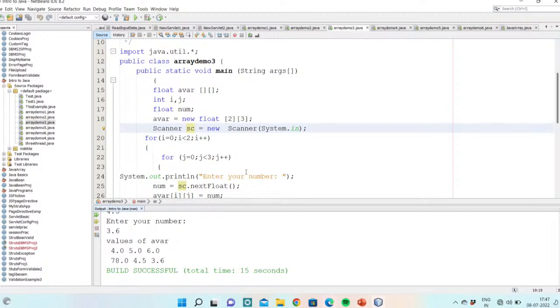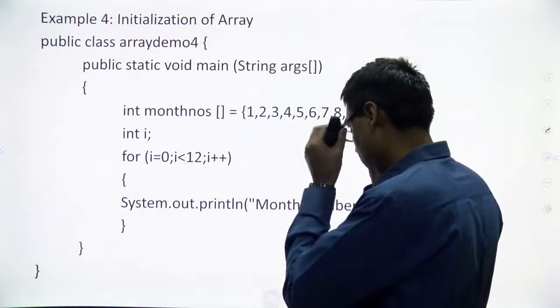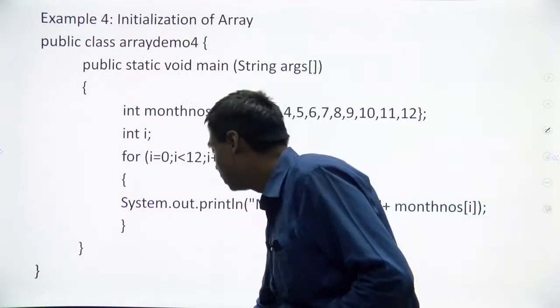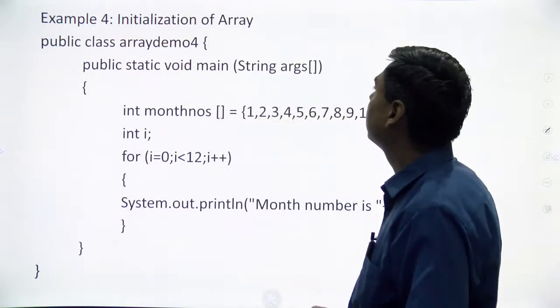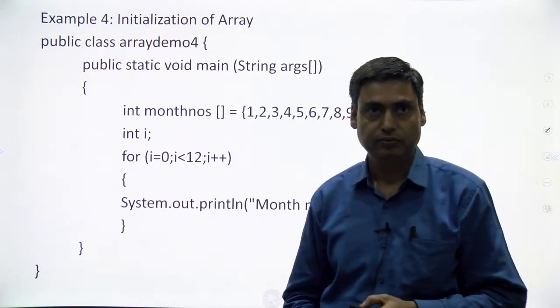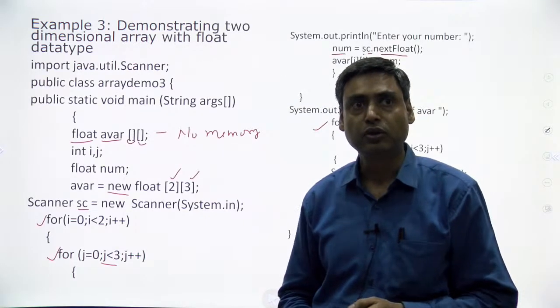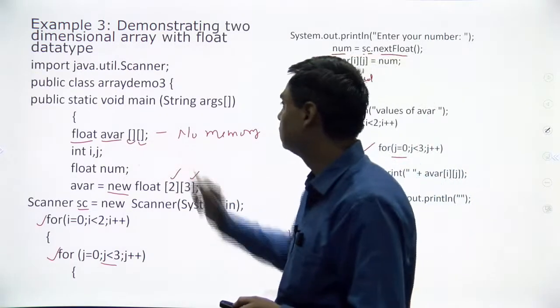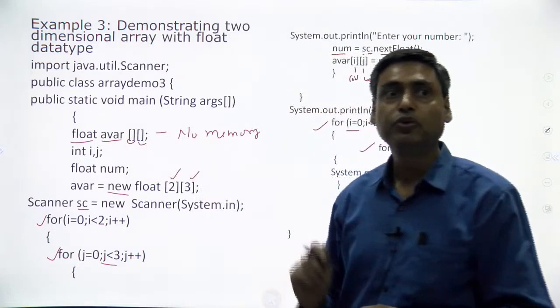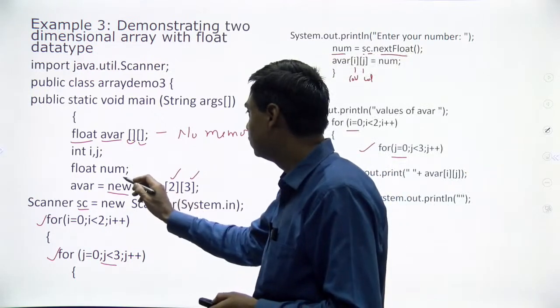Next I am going to discuss another part of the Java array. This is the program. How will you initialize the variable in the Java language? I already told, when we declare this variable, no memory is allocated. To allocate the memory, we have to use the new operator.